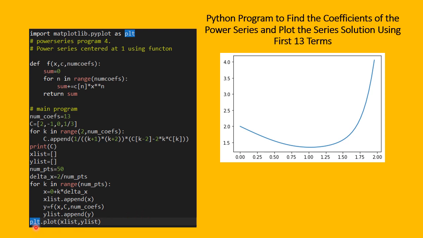To do that, we have the following up here. Import matplotlib.pyplot as plt. So from that library plt, I will use the function plot, and I'll plot the x values versus the y values, and it gives us this curve. What happens is the xlist and ylist are discrete. They're just certain points along this curve.